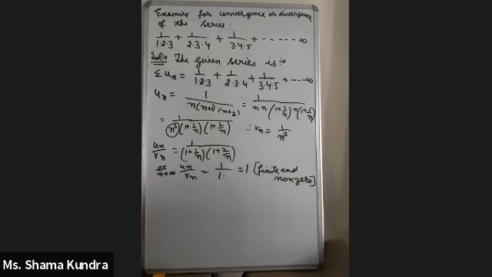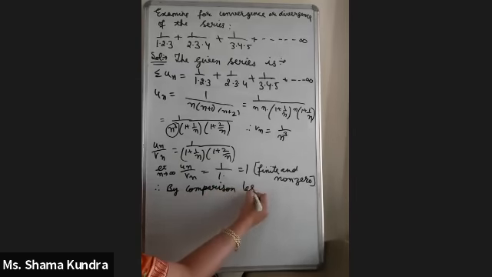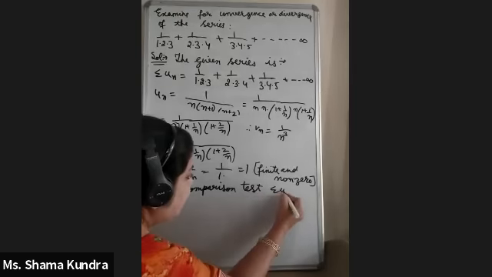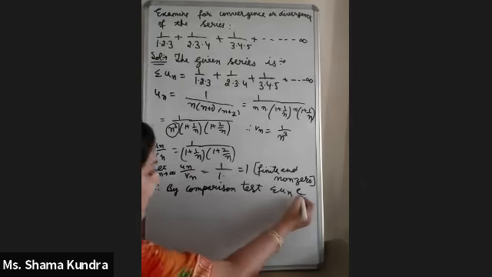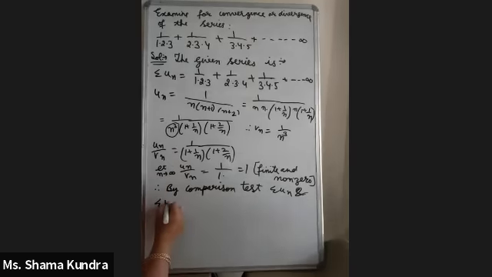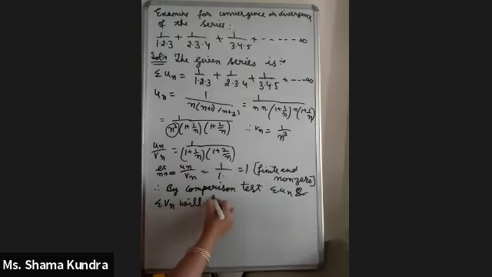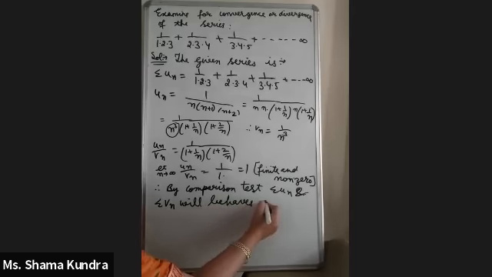Now see, the limit comes out to be finite and non-zero. So therefore, by comparison test, series un and series vn will behave alike.